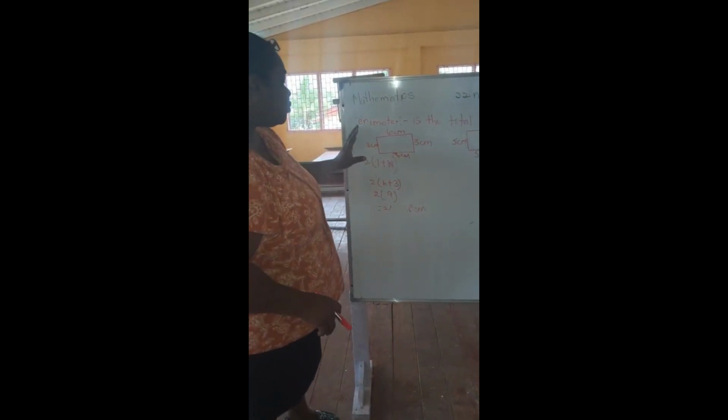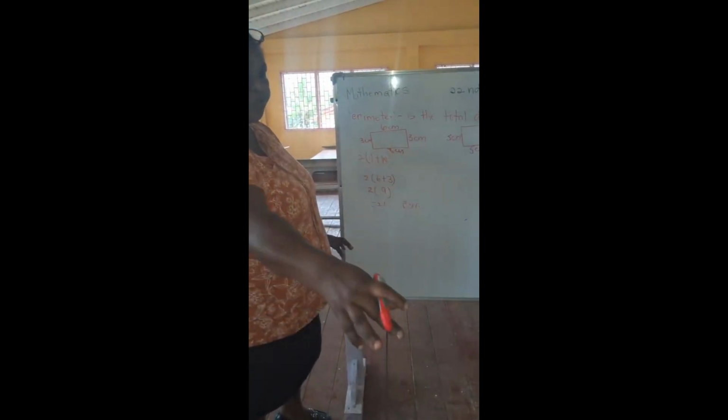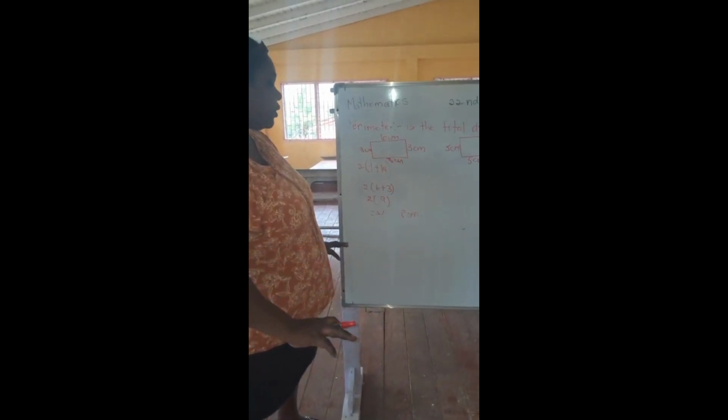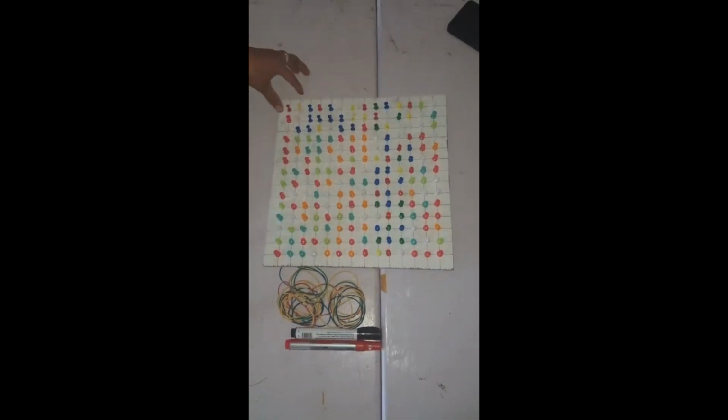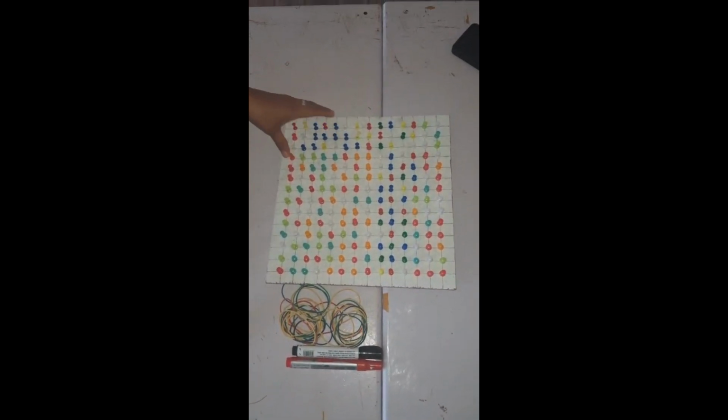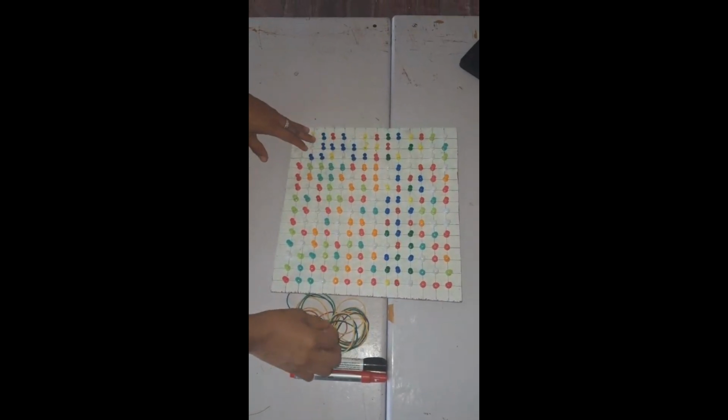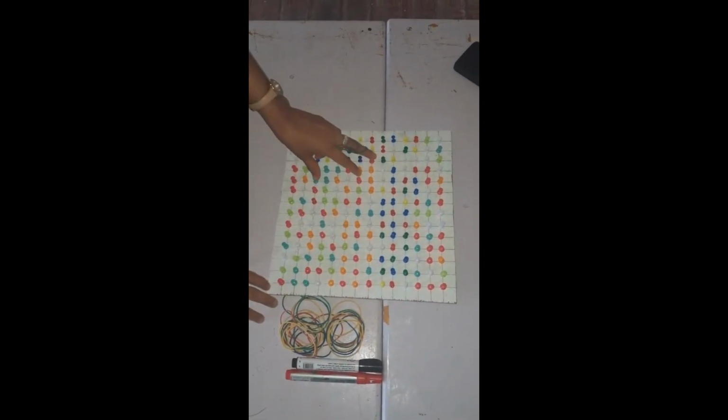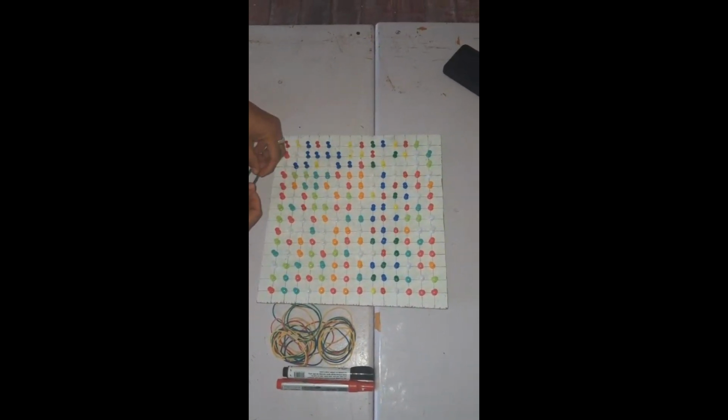So we will demonstrate this here using the geoboard. Here we will demonstrate the information on the whiteboard as to how we are finding perimeter using a geoboard.